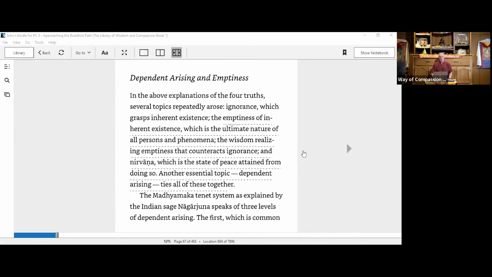Another essential topic, dependent arising, ties all of these together. So there's a lot of words in there that can easily get lost. So let's just look at ignorance, which grasps at inherent existence.